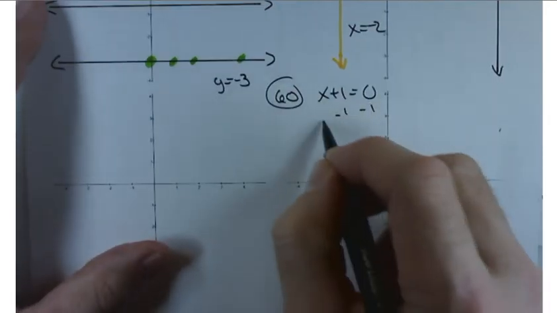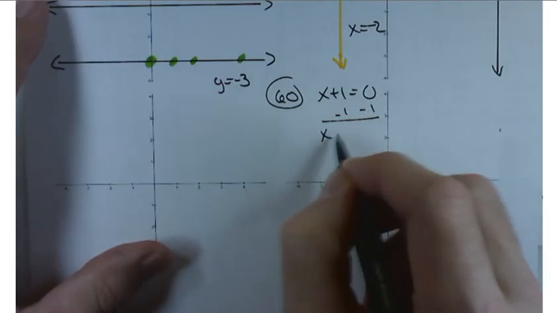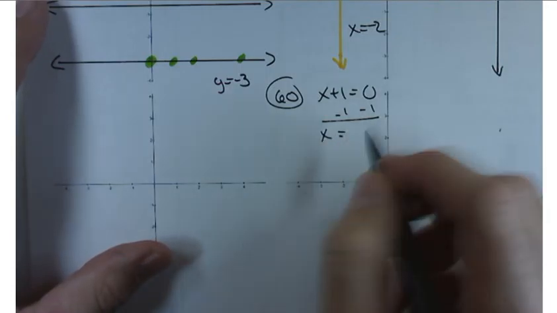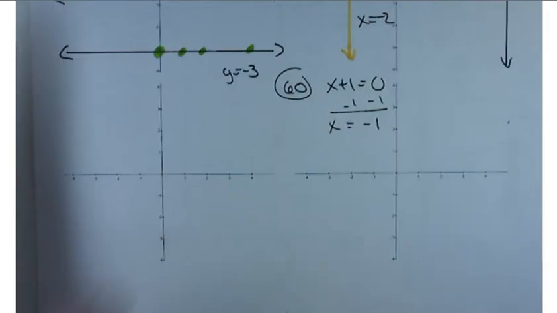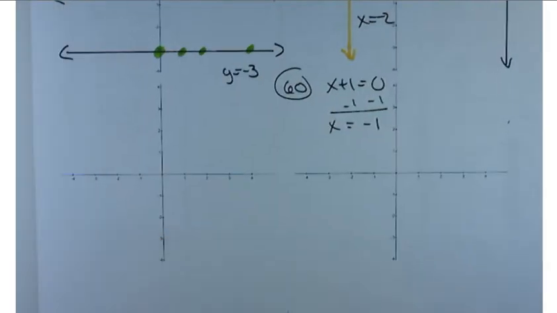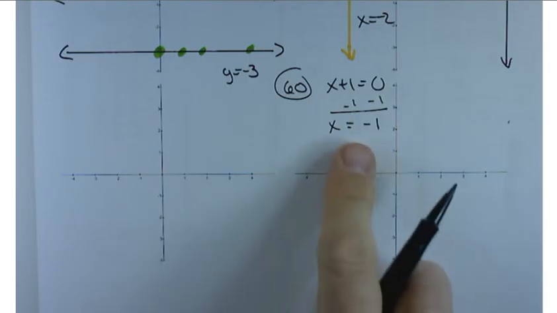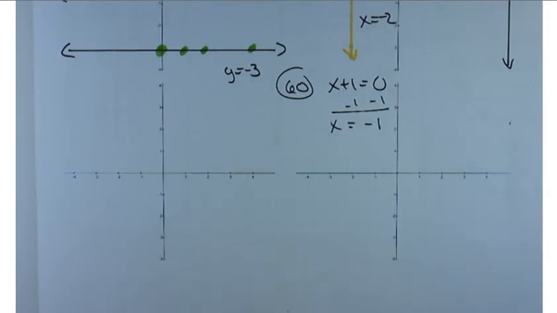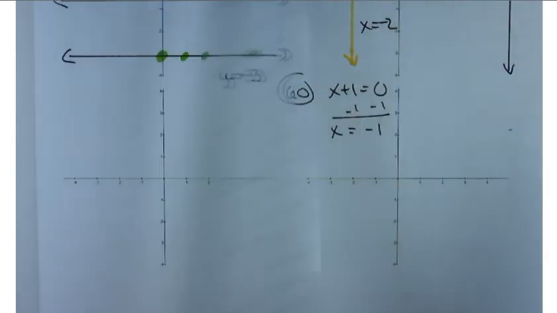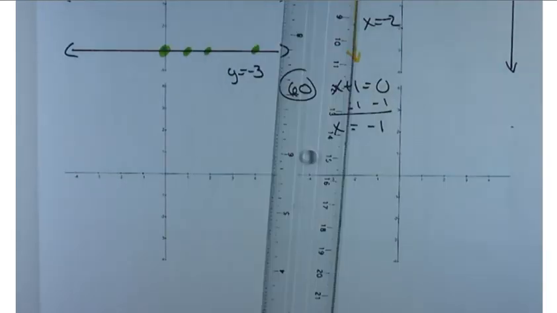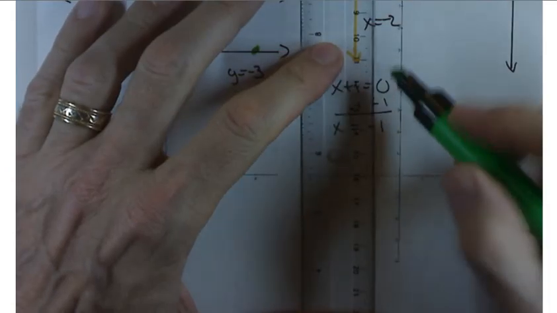What equation comes out of it now? X equal -1. What's the graph of this one look like? McKenna? What's the graph of this going to look like? Yeah, another vertical line. This time through -1. So the only difference in 60 as opposed to the previous problems is that you actually had to solve for x first. So I'll just draw a vertical line right through there.